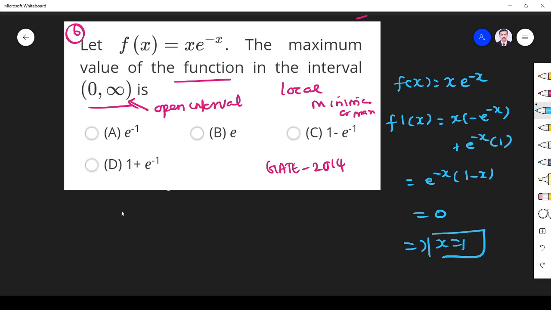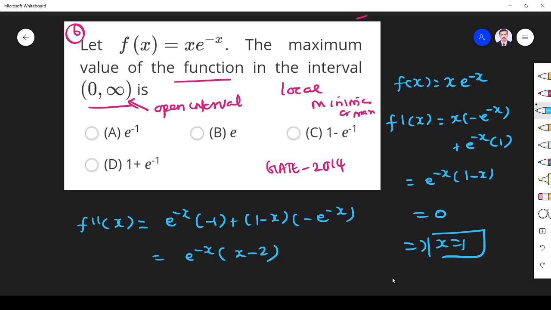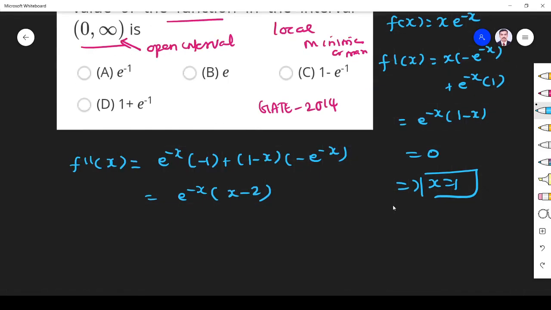Next we find the second order derivative, f double dash of x: e power minus x into minus 1, plus (1 minus x) into minus e power minus x, by the UV formula. So it gives e power minus x into (x minus 2).